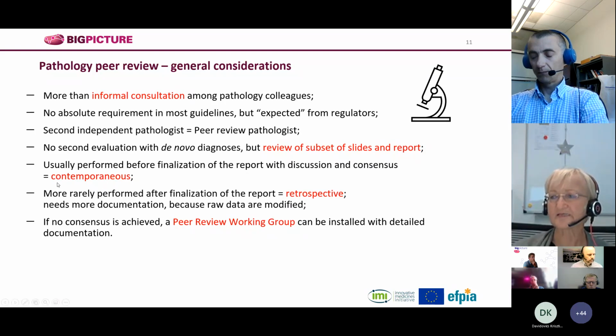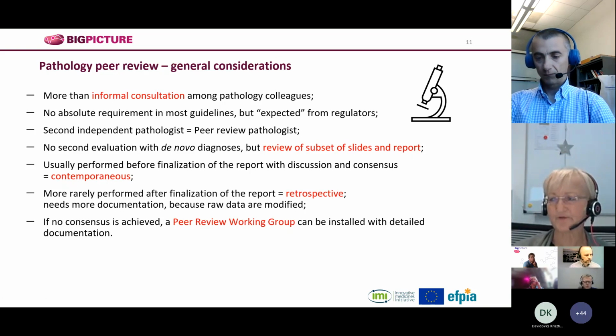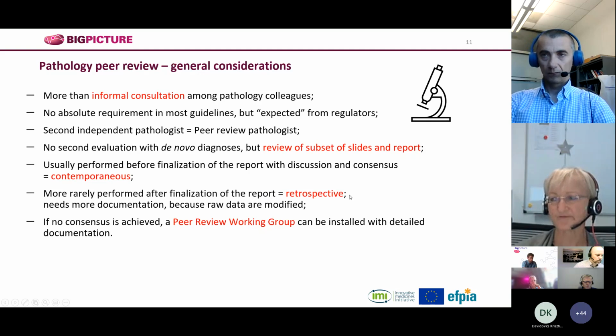And in that case, it is called contemporaneous because it is done during the pathology evaluation and before creation of raw data. A pathology peer review can also be done in a more formal way after the finalization of the pathology report. Then it is called retrospective.